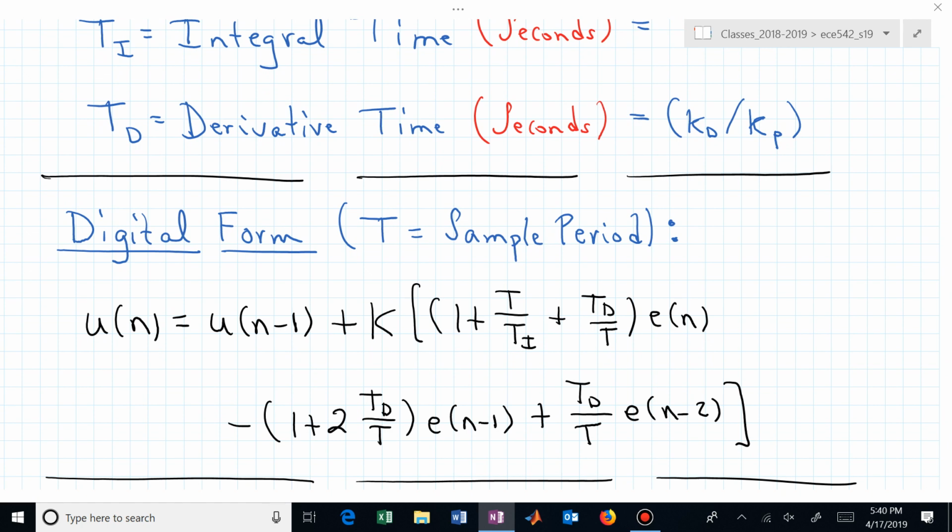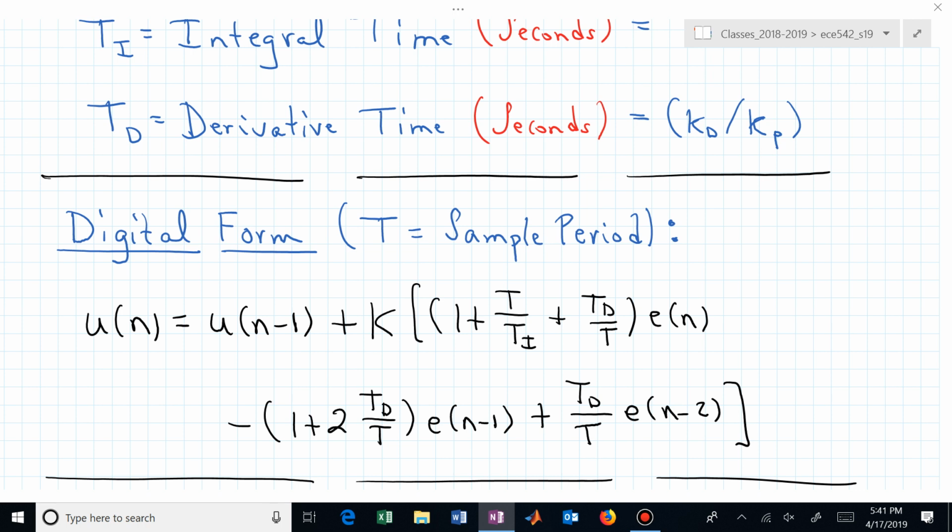The input to the system is U of n, and E is the error signal, let's say, between the reference input and the output. And here is how all of the different gains that you saw earlier in the analog setting influence the different error terms.